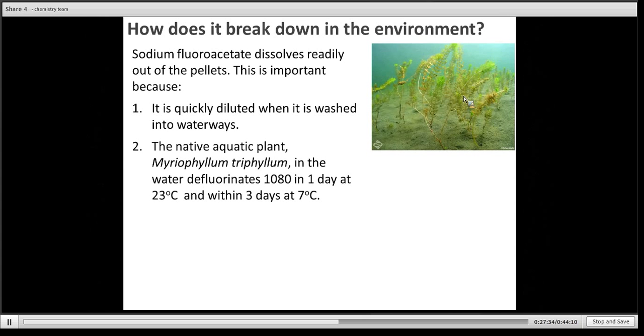We also have microorganisms in the soil that do exactly the same thing. And there have been lots of tests about how long it takes. And so it can defluorinate in a day at 23 degrees. Now notice that's quite warm. It's warmer than a lot of New Zealand is.